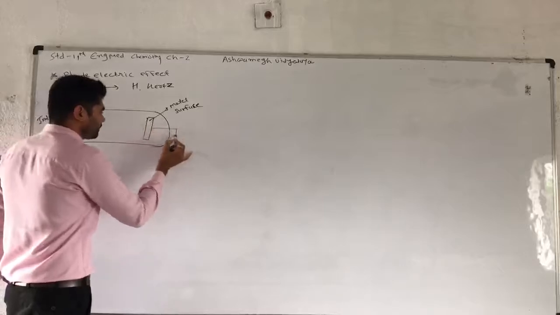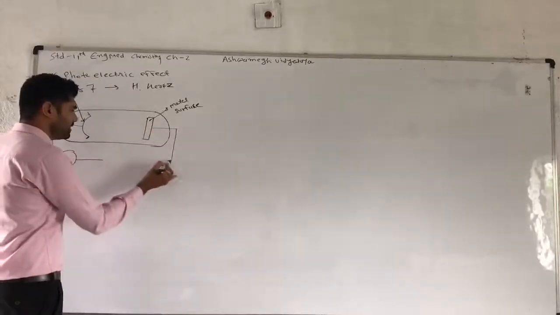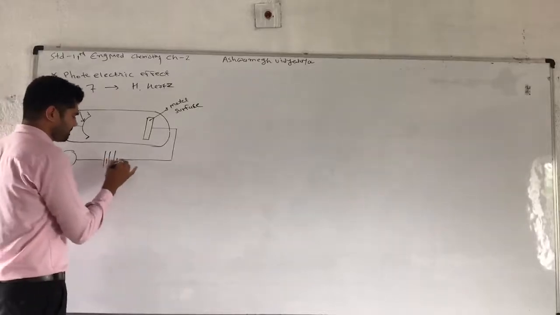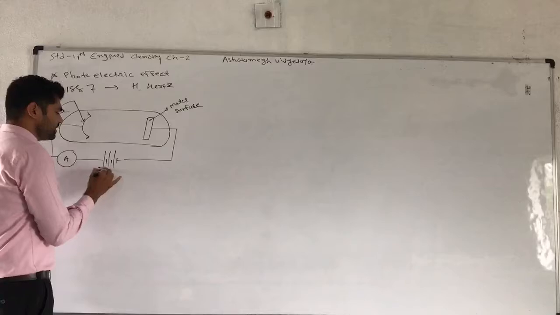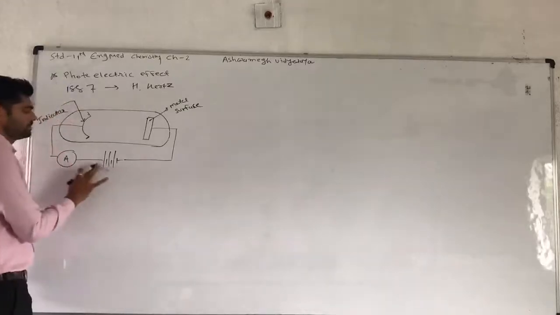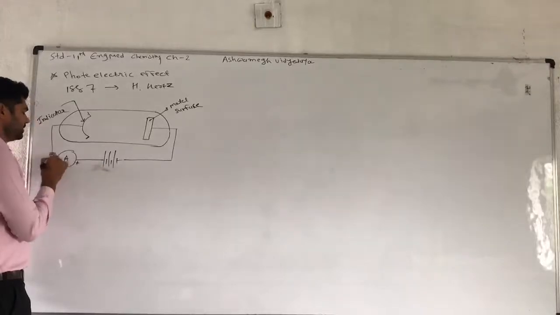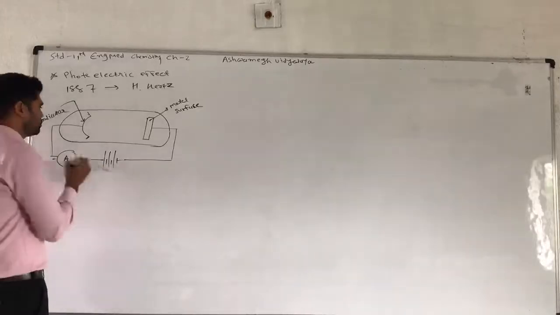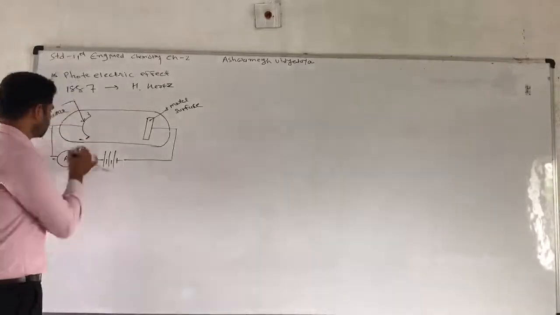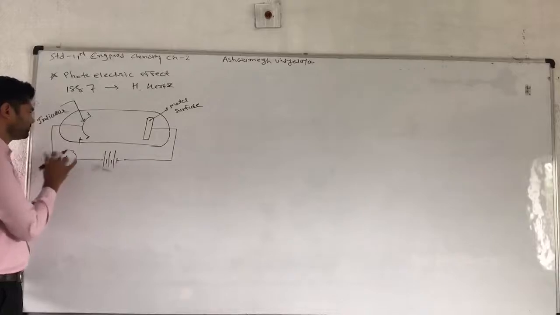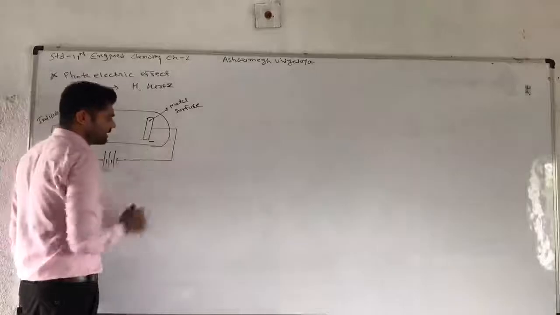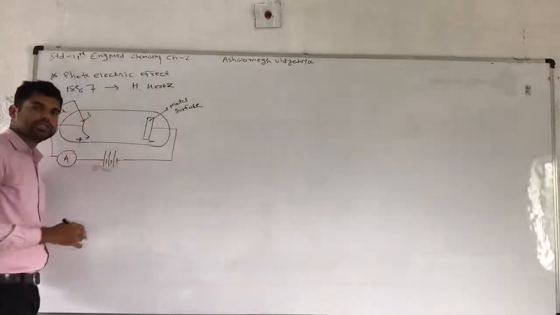Now this part is connected with a battery, positive and negative. The positive end is connected to the indicator and the negative end is connected with the metal surface.